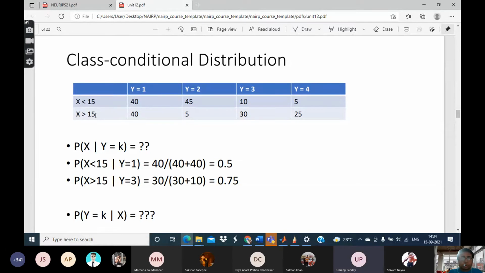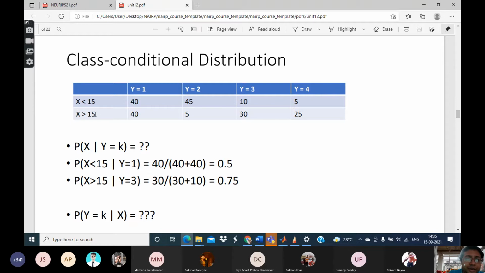Okay. Now, those 100 examples in each of the cases, let us break up according to their class label. 100 examples are there, and 4 class labels. So each class label will have a certain number of examples. That is what information is given by this table. Among all the examples for which x is less than 15, 40 have label 1, 45 have label 2, 10 have label 3 and 5 have label 4.